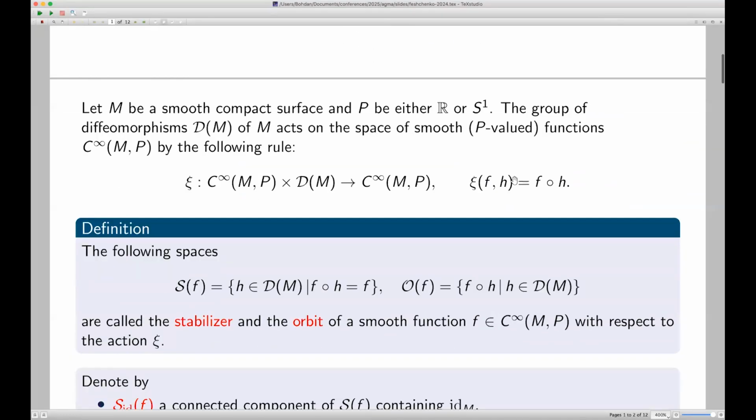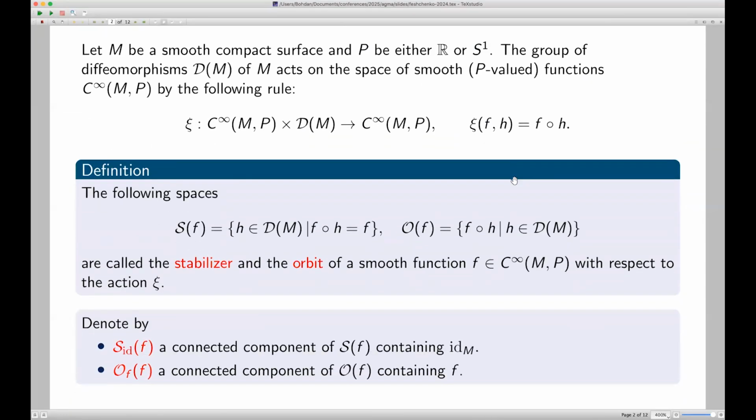So we start with the needed definitions. We consider a smooth compact surface M, and by P we denote a line or a circle, and we will consider the action of the group of diffeomorphisms of M on the space of smooth P-valued functions by the following rule.